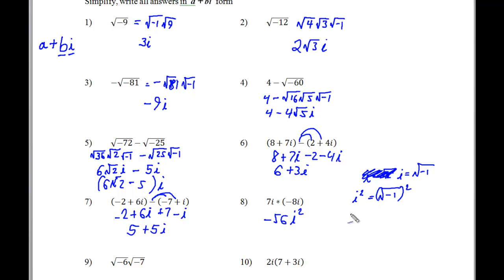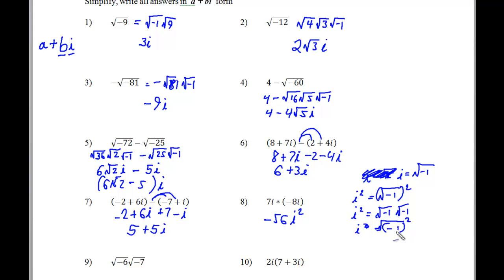So that means I need 2 of these. So i squared is equal to the square root of -1 times the square root of -1. And that means i squared is going to be -1 times itself under the square root. -1 and -1 is 2 of these, which means we can take this, as you see I've broken this down up here and put it back together.